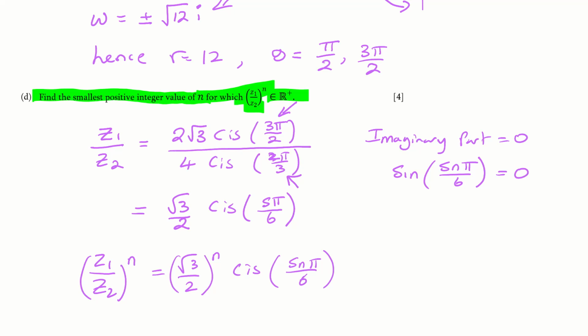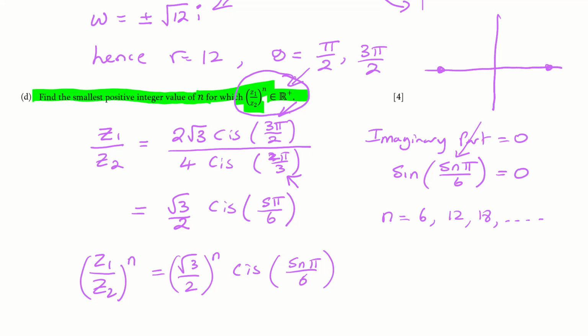Now, since we know that the sine would be 0 here and here, then for n to be multiples of 6, this would be true. So we'd have things like 6, 12, 18, and so on. But we have the stipulation that overall it needs to be real and positive.